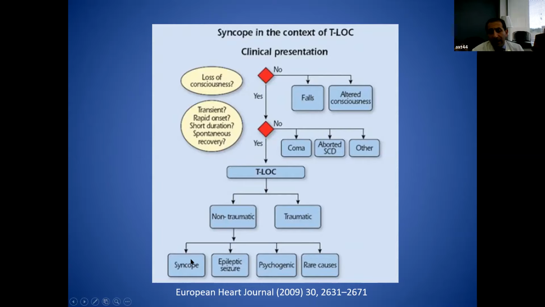One thing I want to point out is that when you hypoperfuse your brain initially, people tend to have some seizure-like activity. But the difference between syncope and an epileptic seizure is that the seizure is going to last for seconds to minutes. You're going to continue to see the patient seize for a while.